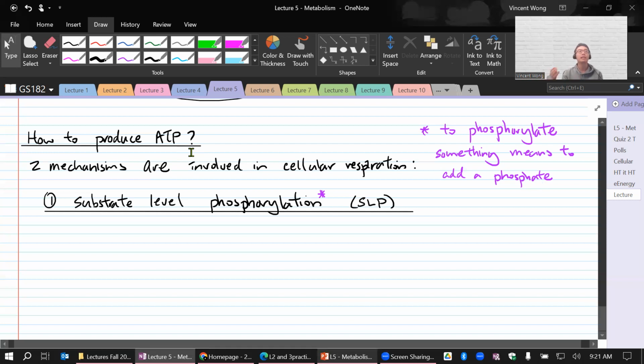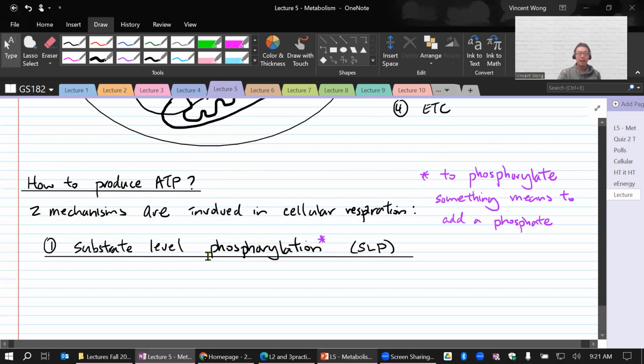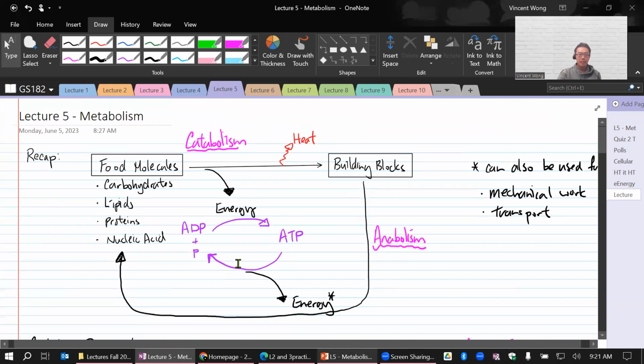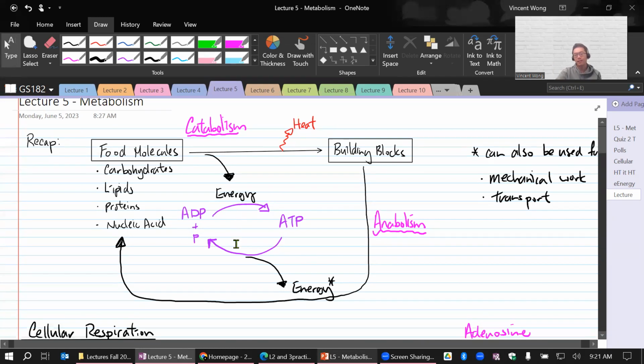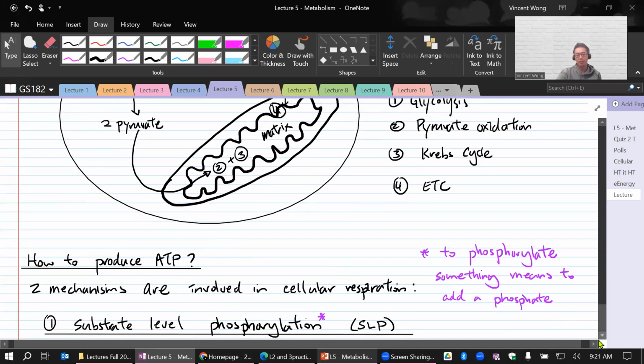ATP? That's right. So Maz, very good. We are adding a phosphate onto ADP. When you add the phosphate onto the ADP, ADP plus P becomes the ATP. So that's phosphorylation, adding the phosphate onto the ADP. That's all it means. It's a long word. It looks complicated, but basically just means adding a phosphate.